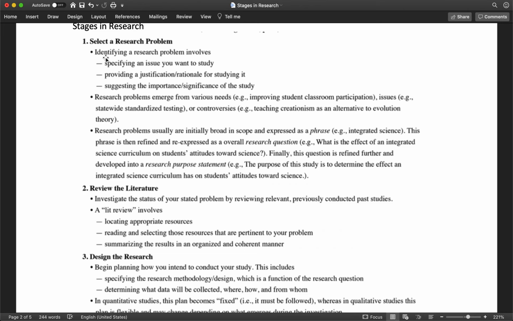So you want to locate the appropriate sources, select those resources pertinent to your problem, and it doesn't have to be specifically to that topic. So if I'm looking at augmented reality and pilots' ability to mitigate mid-air collisions, I might look at augmented reality on engineers being able to use it for hazard analysis, for example.